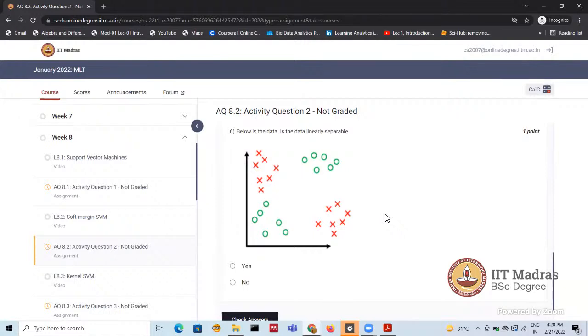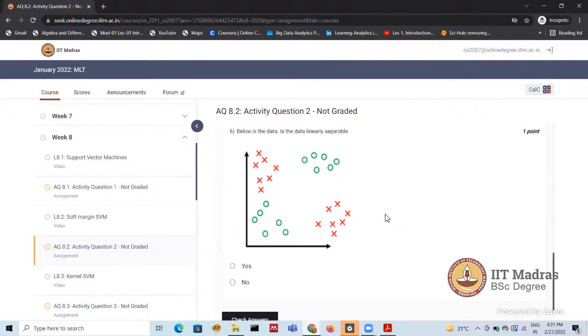I think the definition of linearly separable is very well formulated in mathematics. If you have a set of points P and a set of points N, we call these two sets linearly separable if we are able to come across a vector W so that the sign of W dot p and W dot n are different.